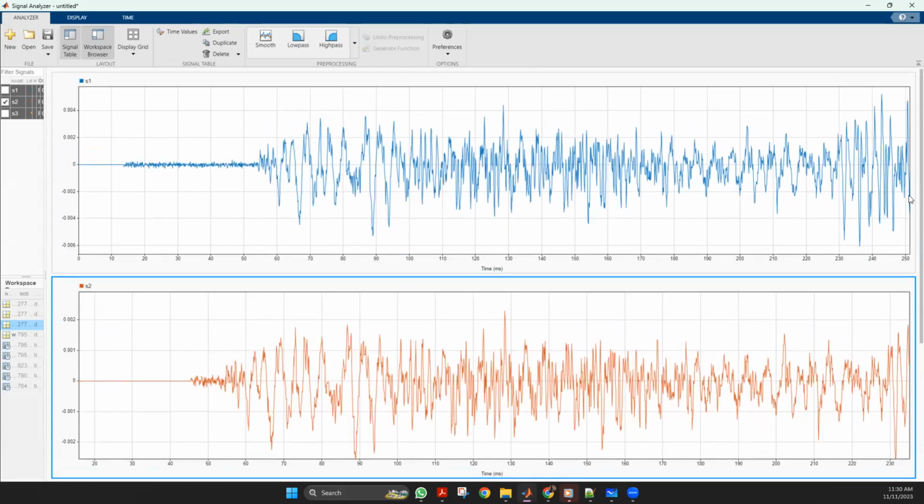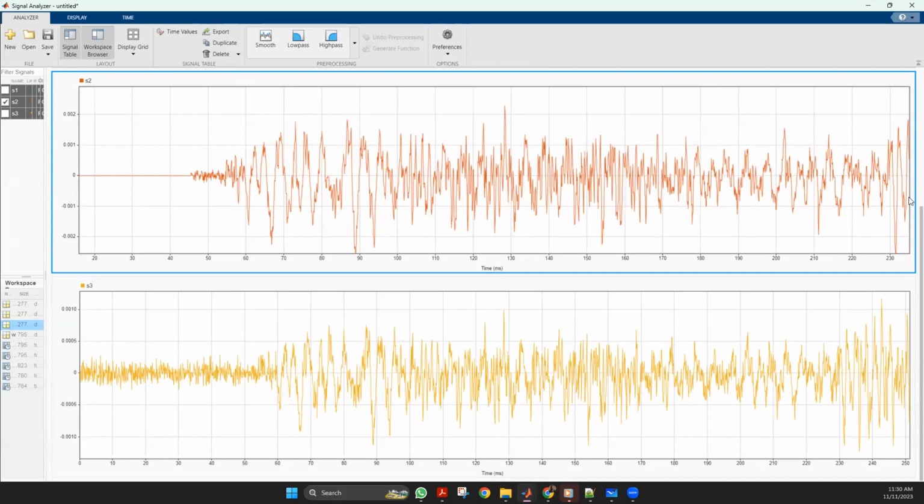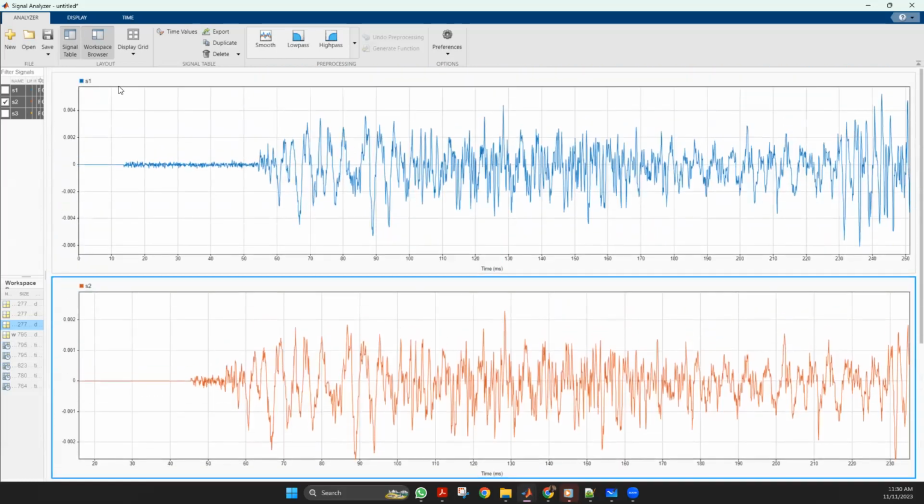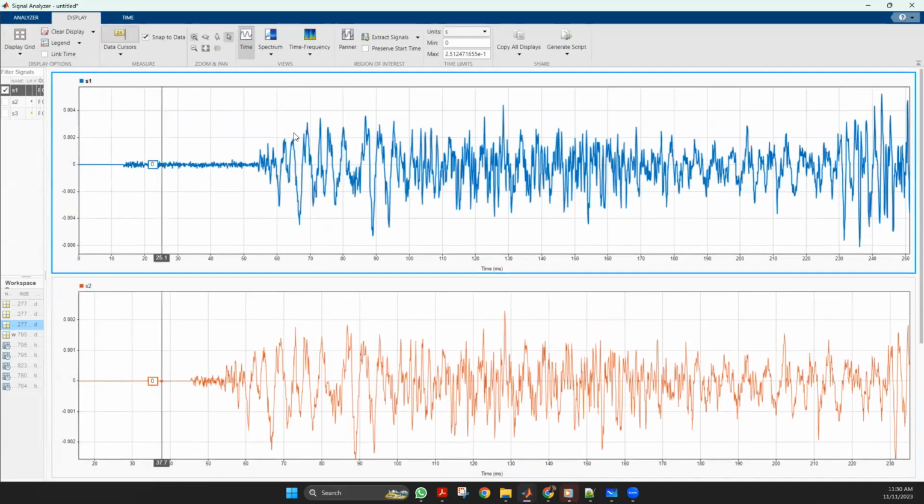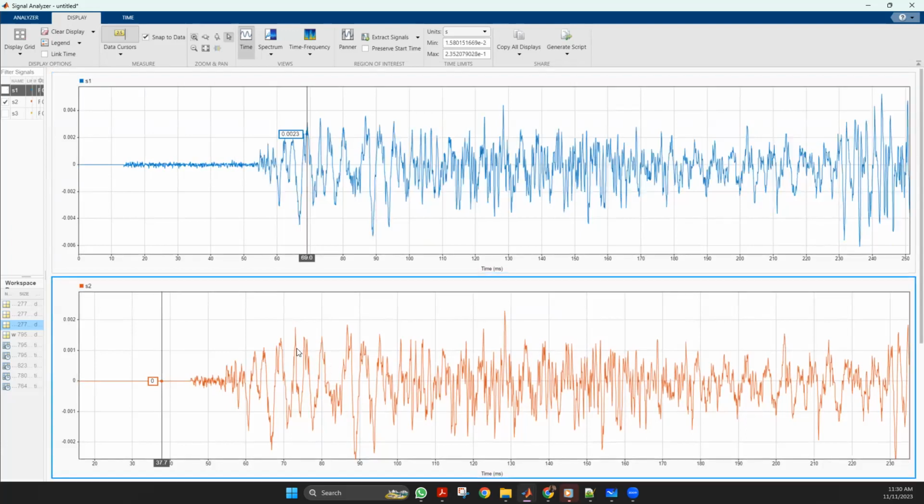You can evaluate how similar they are by checking the amplitude of these signals. I can go to data cursors, move my cursor to these points, and check the amplitude of these signals. I can get the value and check in other plots also how it happens.